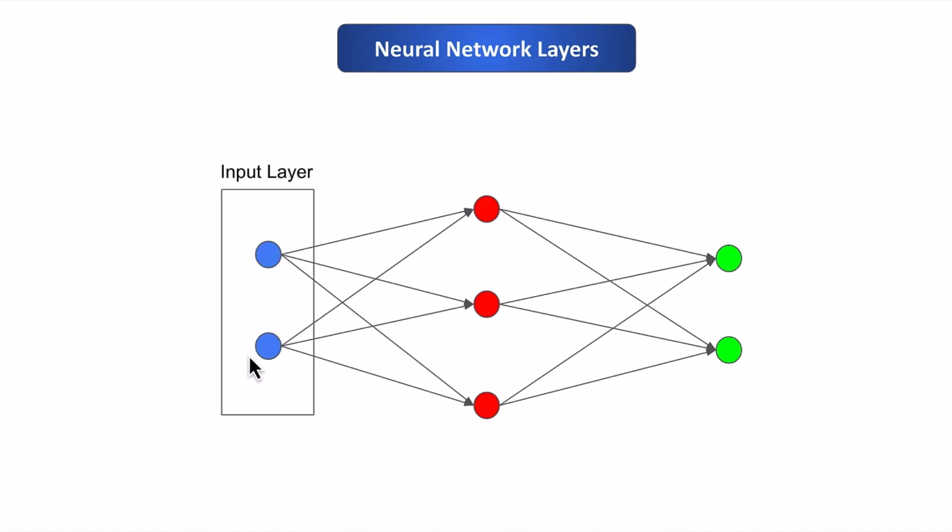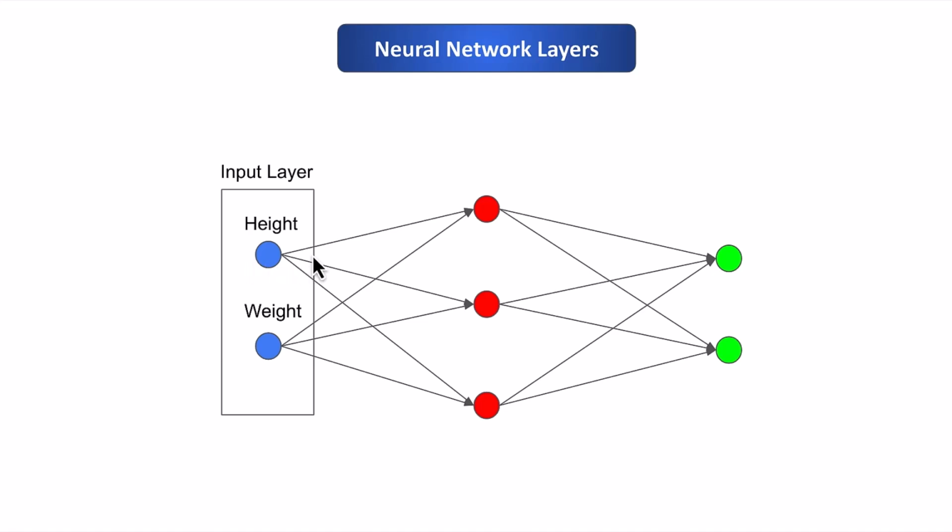As the name suggests, at this input layer we pass input data to our model for training. Let's say we want to train a machine learning model to predict the gender of a person based upon his height and weight. In that case, we are going to pass the height and weight of the person to our neural network at the input layer. So this is the first type of layer inside a neural network.